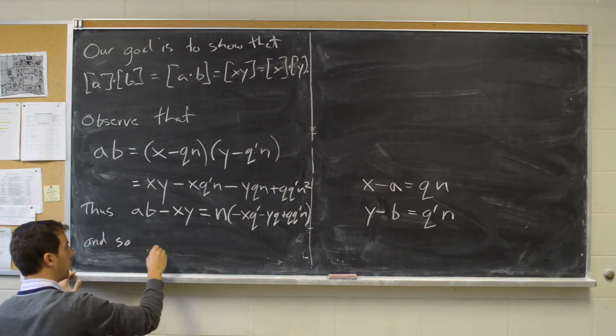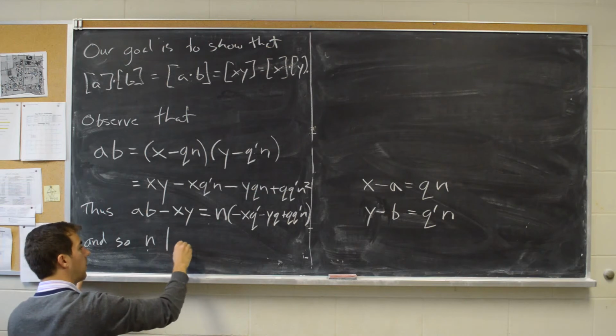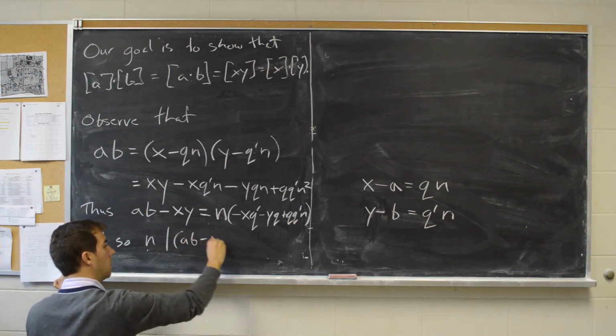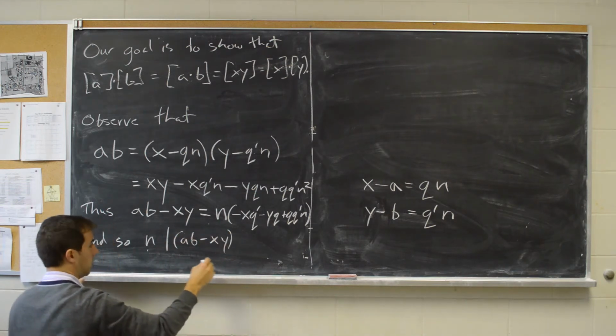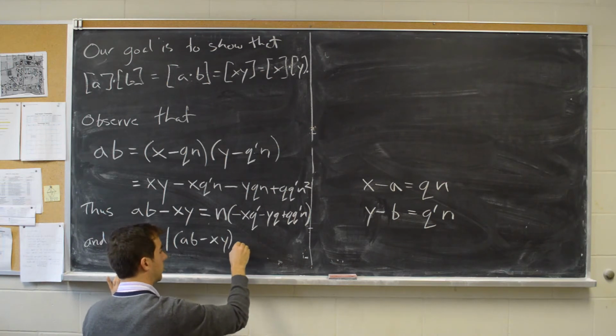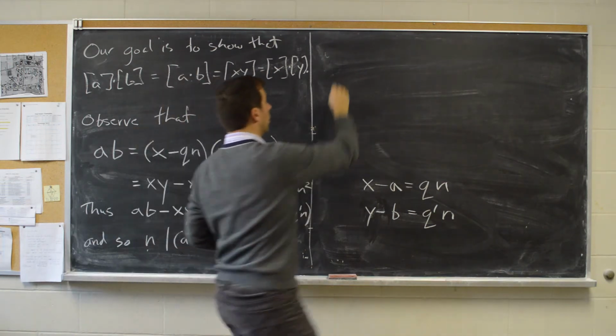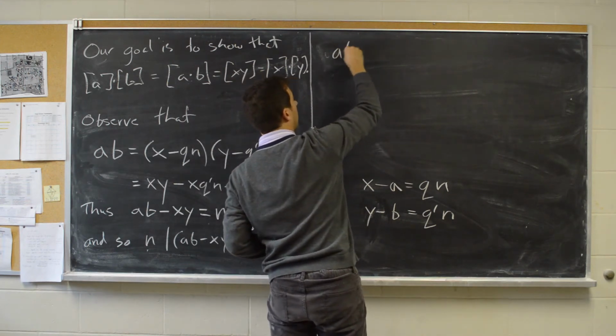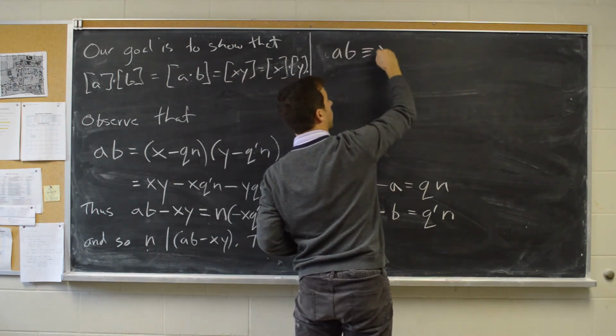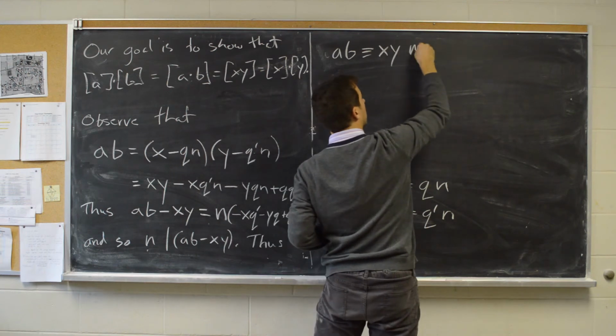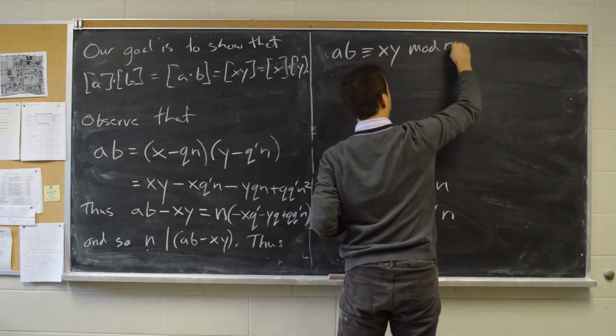And so what am I saying? I'm saying that n divides ab minus xy, so I'm saying that a times b is congruent to xy mod n.